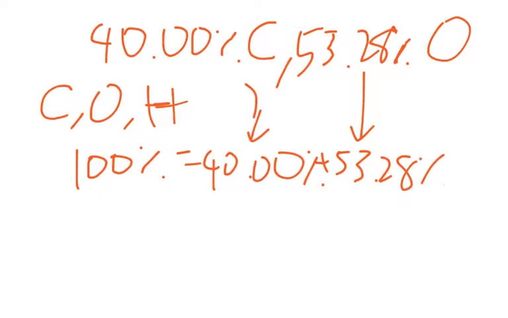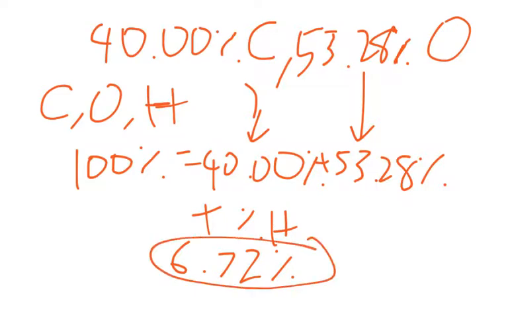So let me put the percentage signs just in case. And then the percent H will be our variable. So if you do the math and you take out a calculator and you add these two up and subtract it from 100, you will get that the mass percentage of hydrogen will be 6.72%. So I kept sig figs in mind. So this is the mass percentage of hydrogen once you do the math.